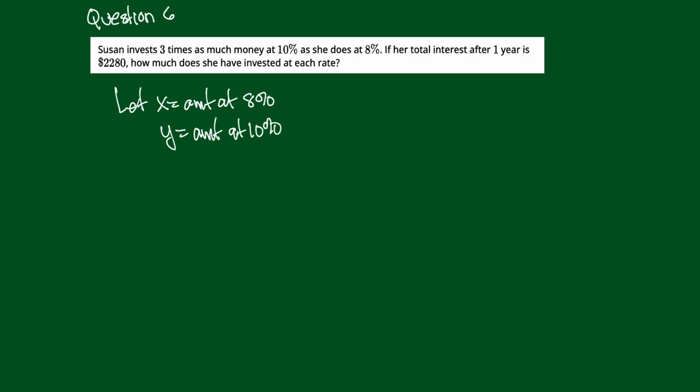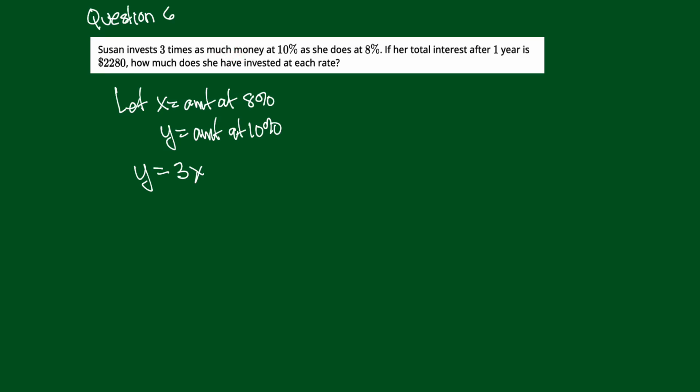Now, I know something about Y. The amount at 10% is 3 times as much as at 8%. So Y is 3 times X. Does that make sense? The amount at 10% is 3 times that at 8%. Susan invests 3 times as much money at 10% as she does at 8%.